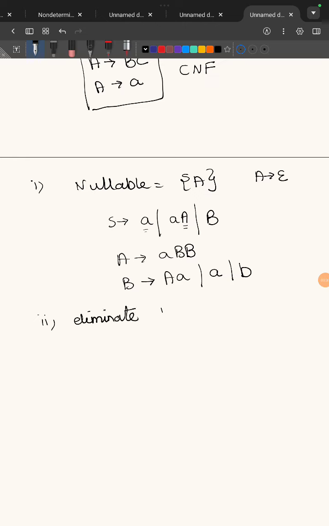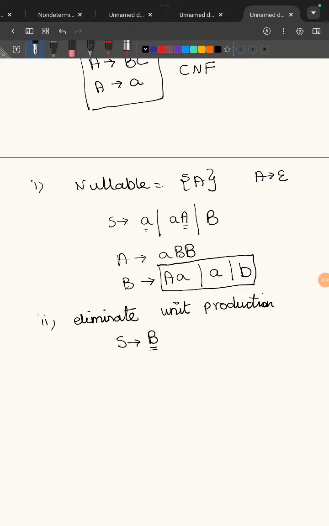What does unit production mean? If a variable is deriving a single variable, over here you see S is deriving B. This is called a unit production. Now what we have to do is, instead of this, whatever B is producing, we have to replace it, meaning this entire thing we have to write in the S rule.